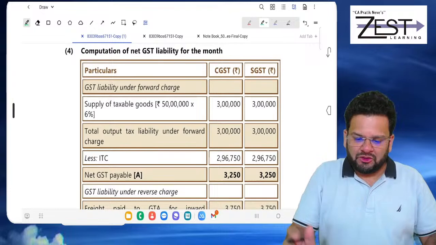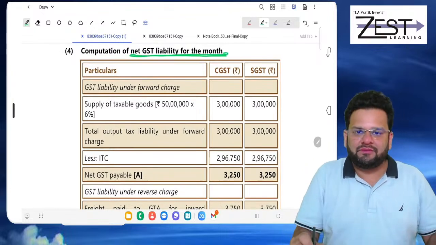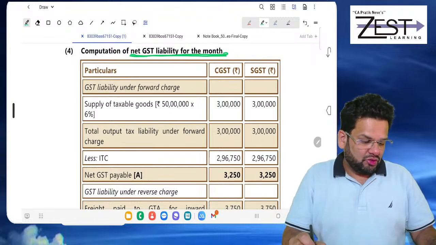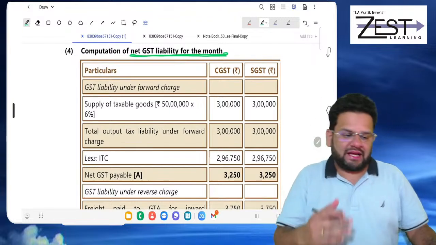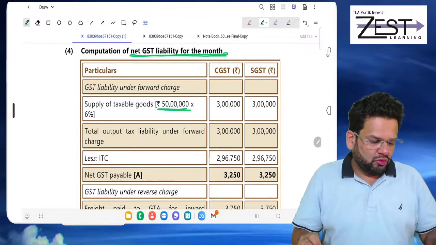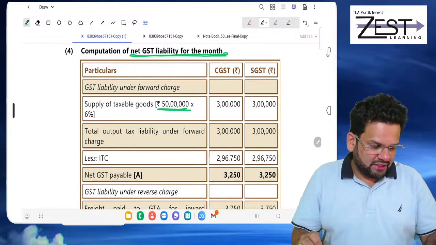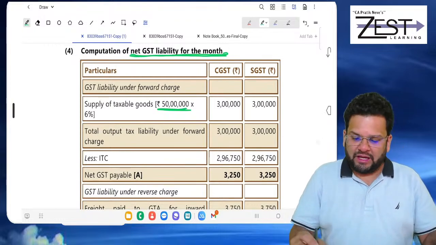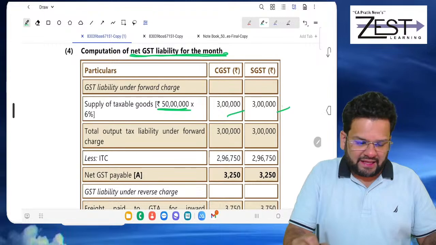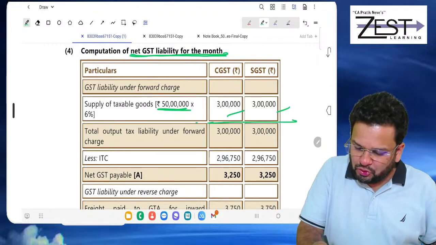Now, computation of net GST liability for the month. Don't forget your outward supply of taxable goods is 50 lakhs. So do 50 lakhs into 6%. So that's going to be 3 lakhs each. So that is your total output tax.